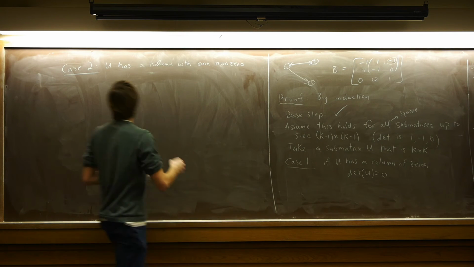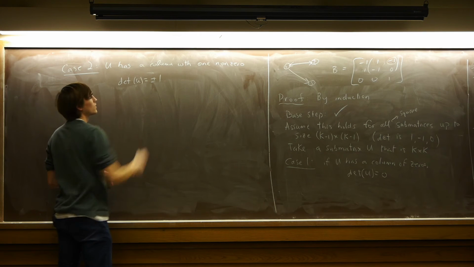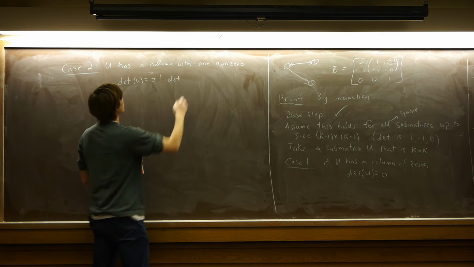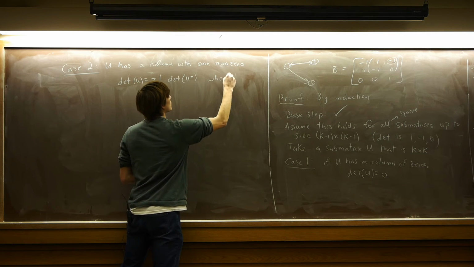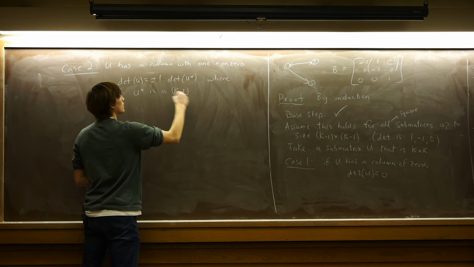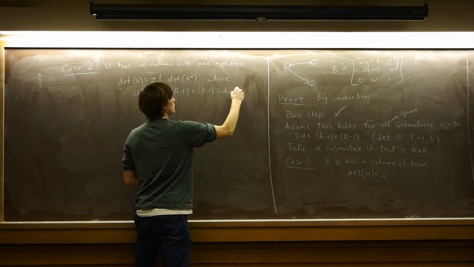And so the determinant of U is going to be equal to plus or minus the determinant of, just call it U star, where U star is a smaller submatrix.